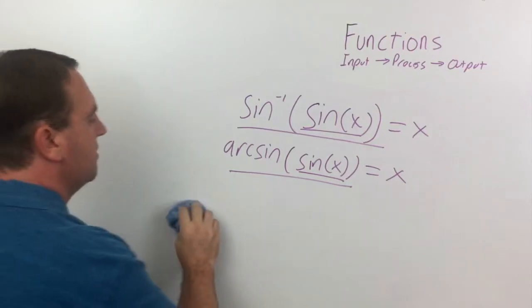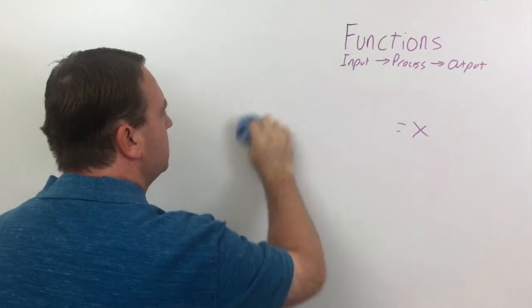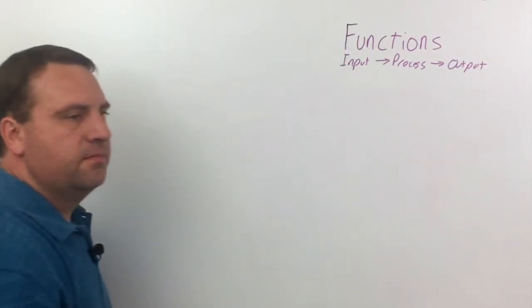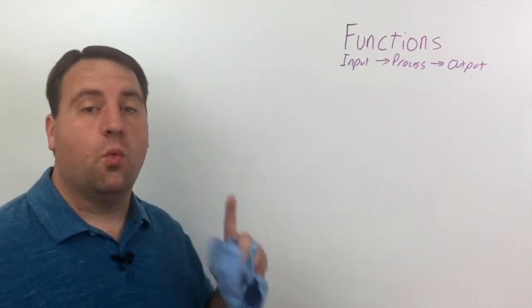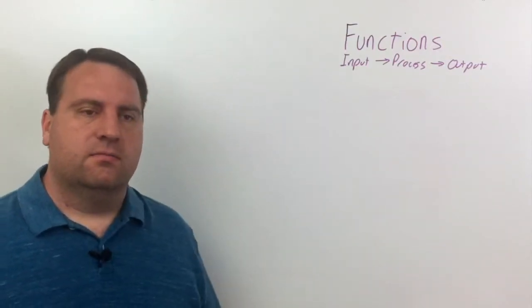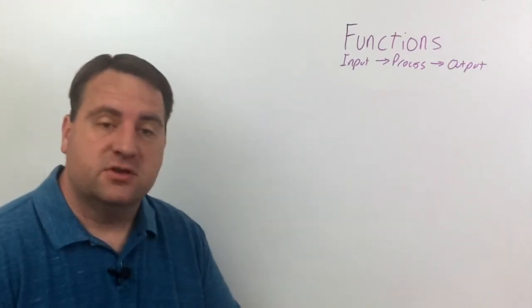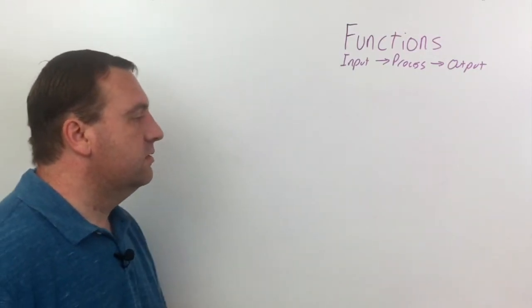Now, there is a bit of an issue in that functions, in theory, are supposed to only yield one value. Now, there are more exceptions to this than the rule, but the way that you're supposed to think about functions, at least, is that they only yield one value.